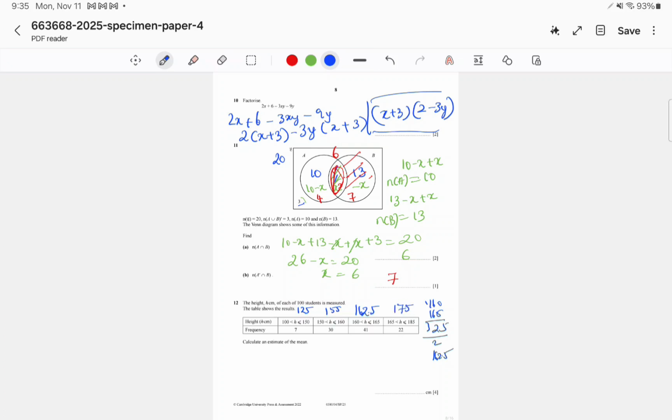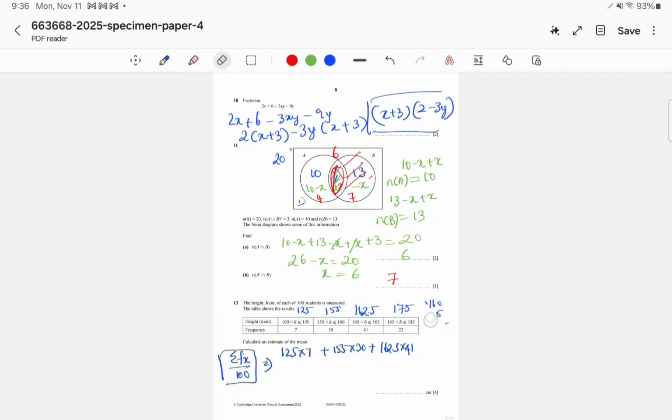I have calculated the intermediate values. Now we have to find the estimate of the mean. It's simply sigma fx divided by 100. This is the formula we have to apply. So here it is 125 into 7 plus 155 into 30 plus 162.5 into 41.